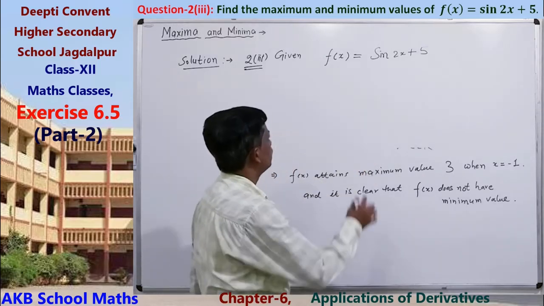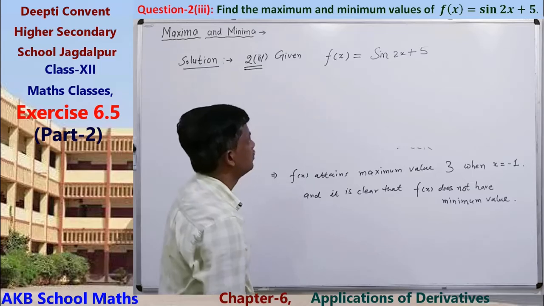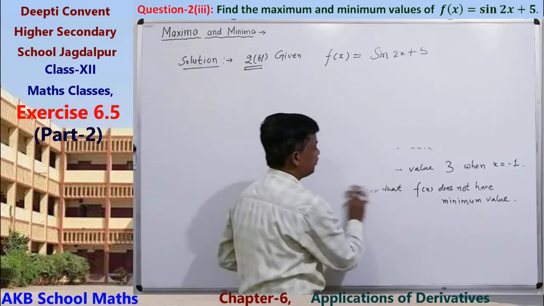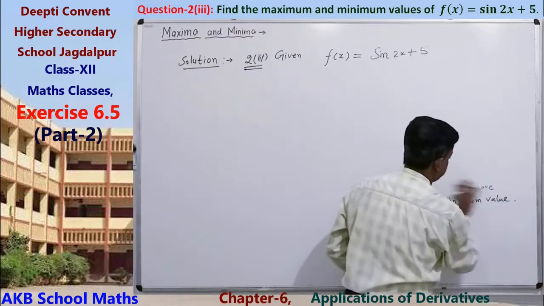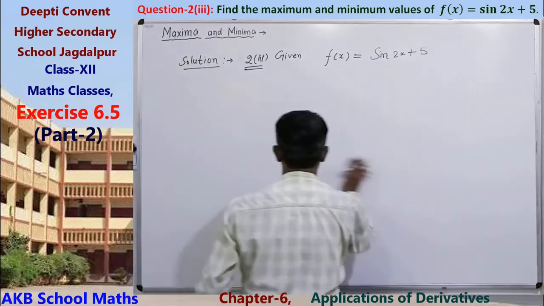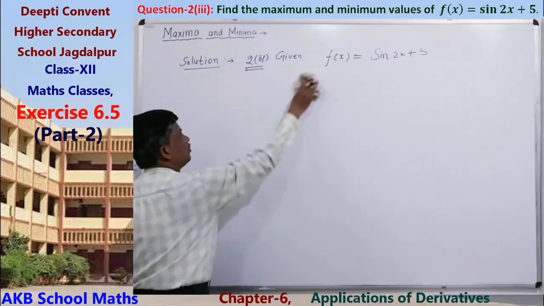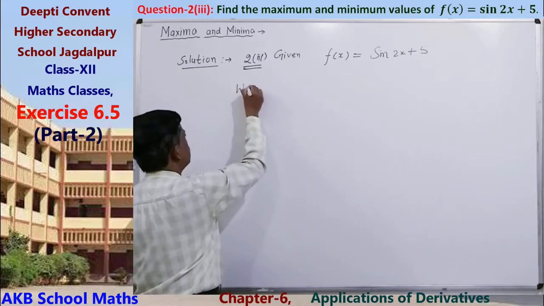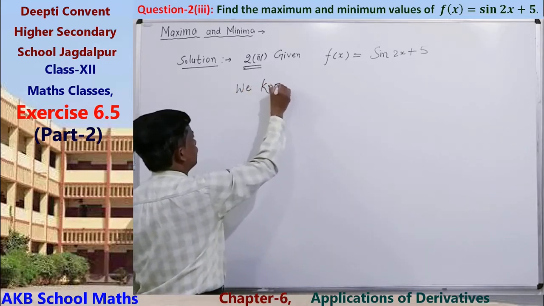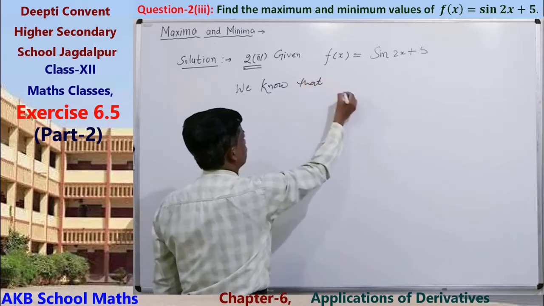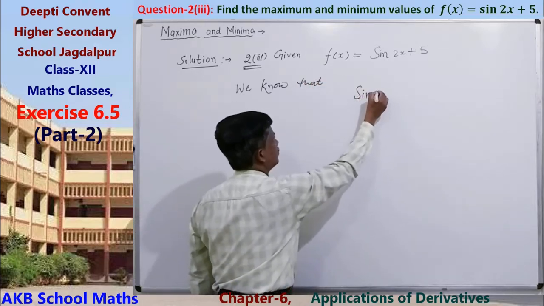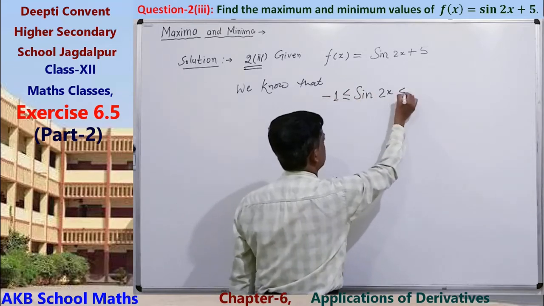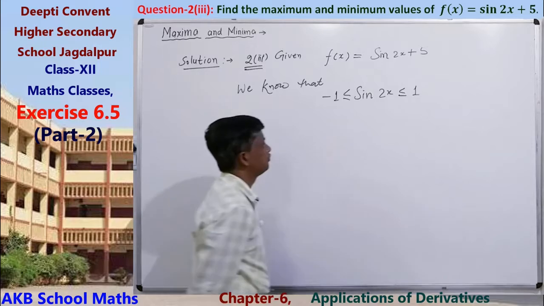So for this function we are trying to find the maximum and minimum value, if they exist. Now we know that sin theta always lies between -1 and +1. Clear?